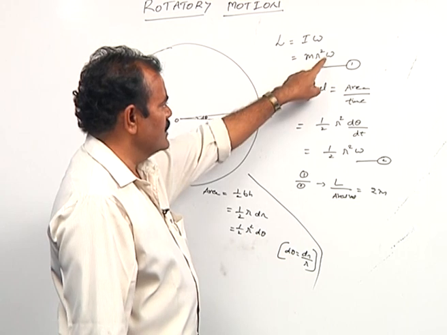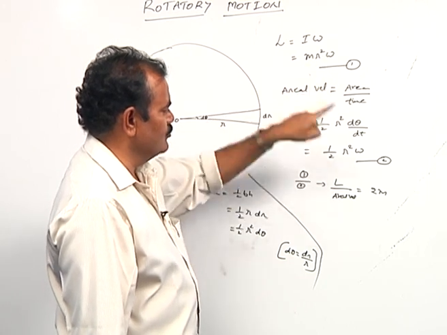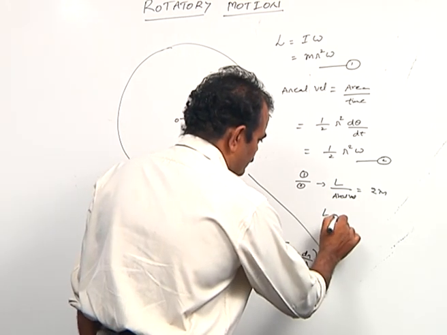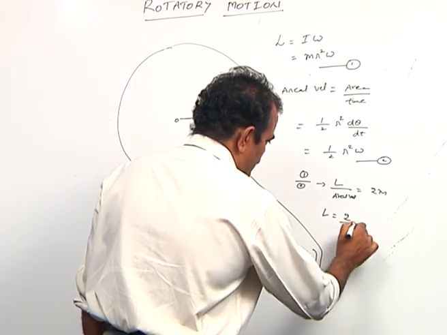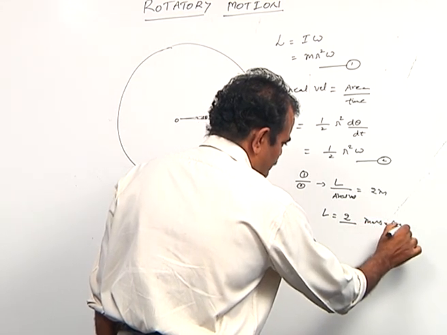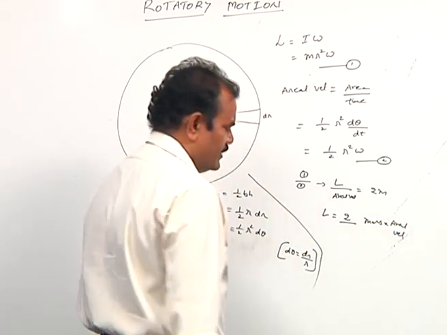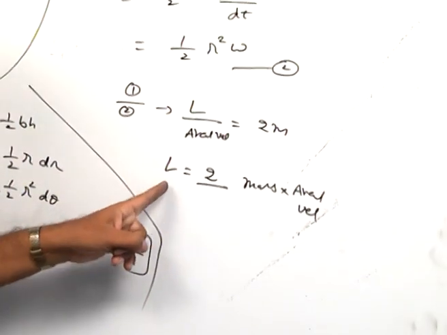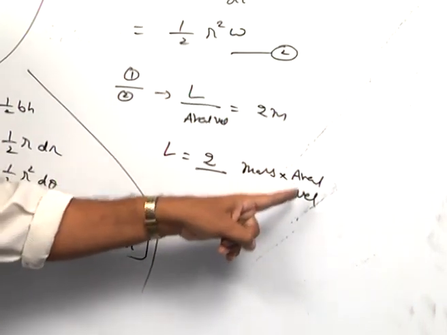That r square omega will be cancelled, 2 comes to the numerator, so it is 2m only. Now the angular momentum is twice the product of mass and areal velocity. L is equal to 2 into mass into areal velocity.